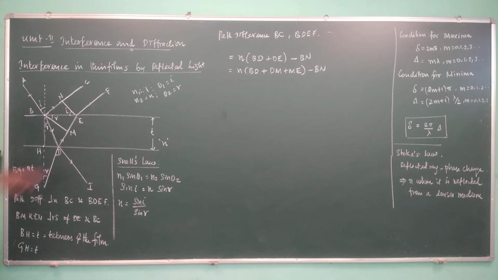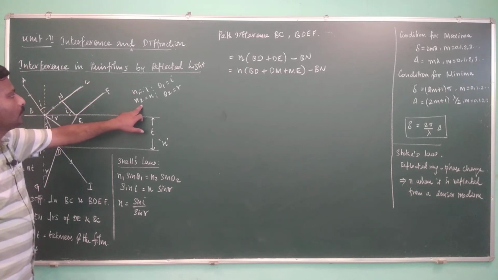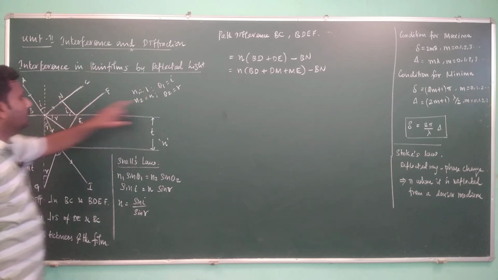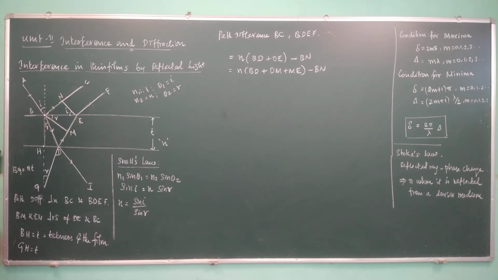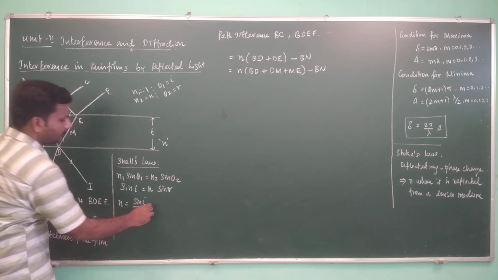Here n1 is the refractive index of the first medium, n2 is the refractive index of the thin film. If you substitute, you will get n equal to sin i by sin r.